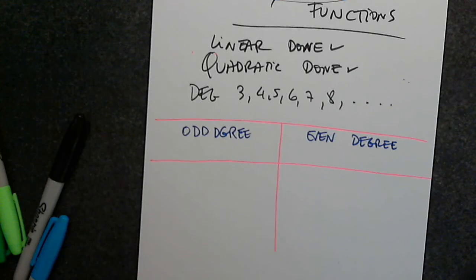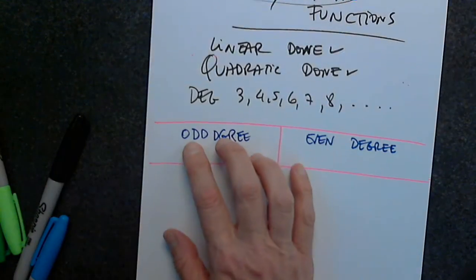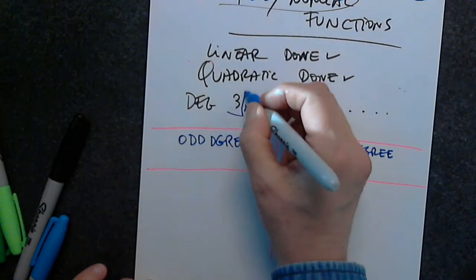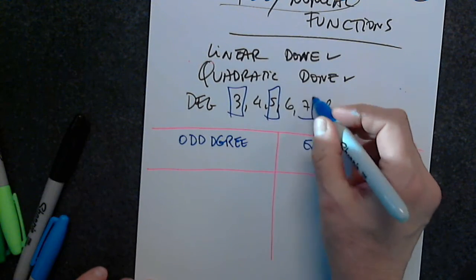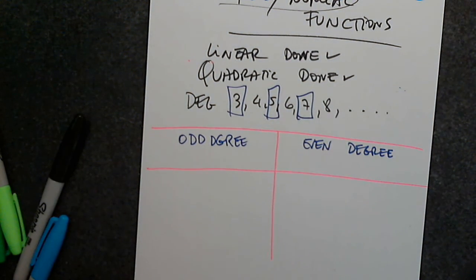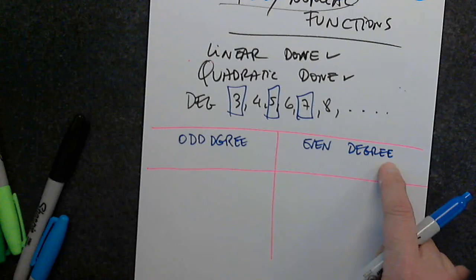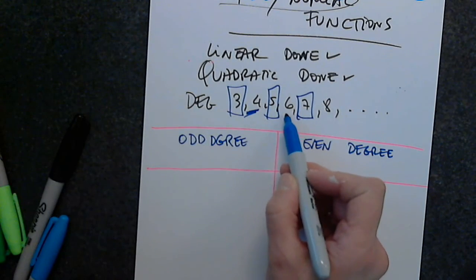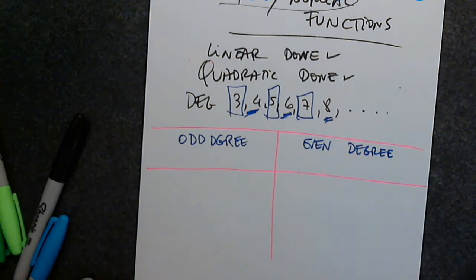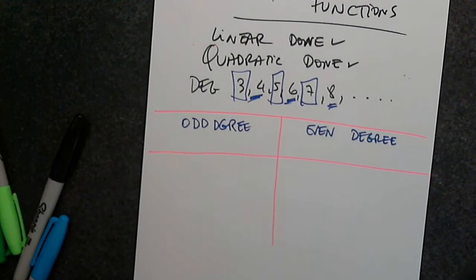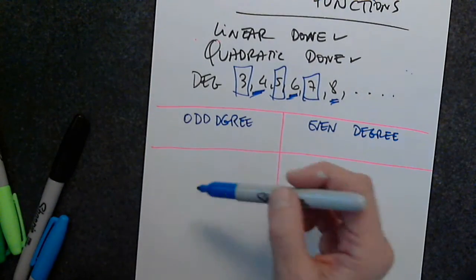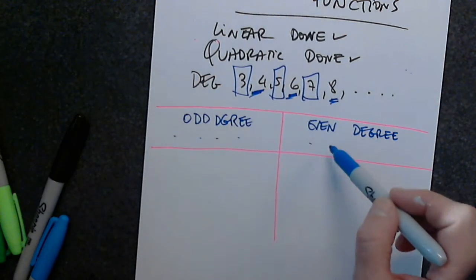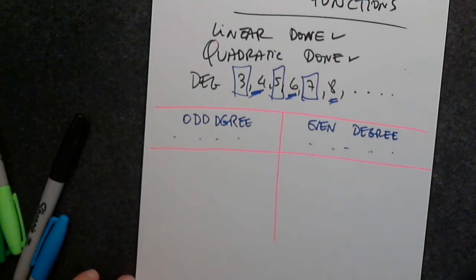I'm not talking about symmetric functions. No, I'm only saying odd degree, meaning degree 3, degree 5, degree 7, 9, and so on and so forth. When I talk about even degree, I'm referring to degree 4, degree 6, degree 8, and so on and so forth. So I have a title to put in here. I don't want to put it just yet. In a minute.